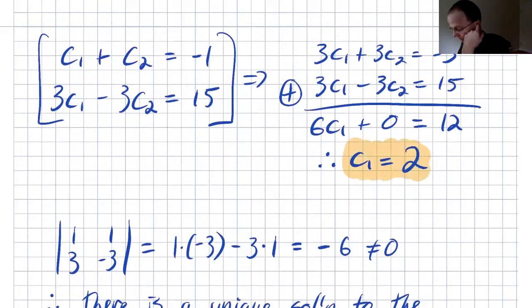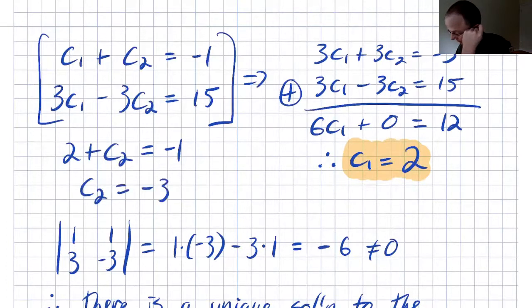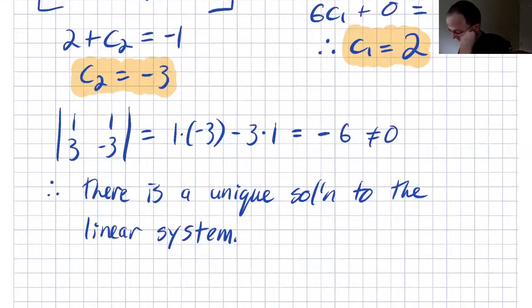And then let's just substitute that into the first equation. That looks easiest. So then we get 2 plus c2 is equal to negative 1. And so c2 is equal to negative 3. There it is. And because of our determinant calculation, we know that this is the only solution of this linear system.